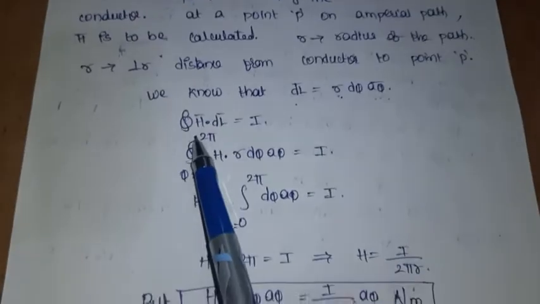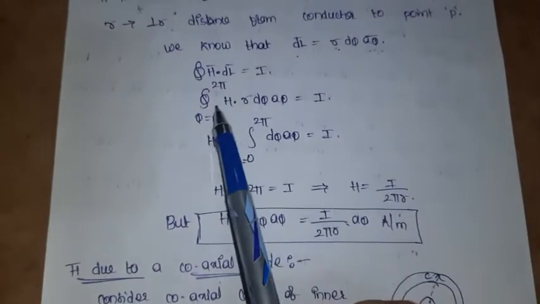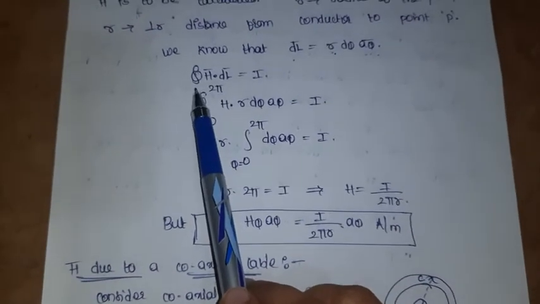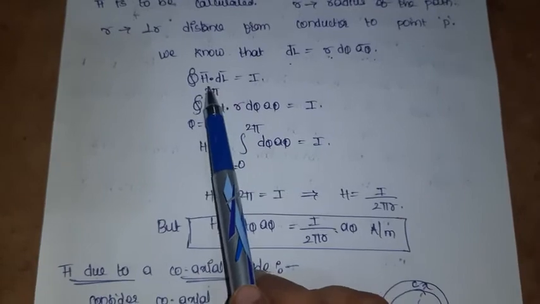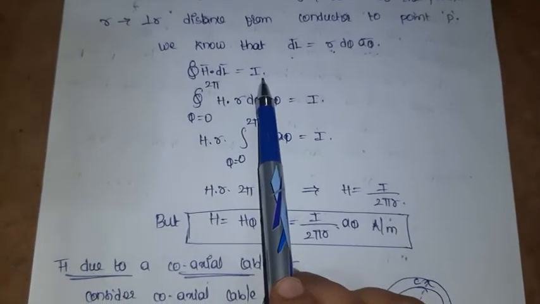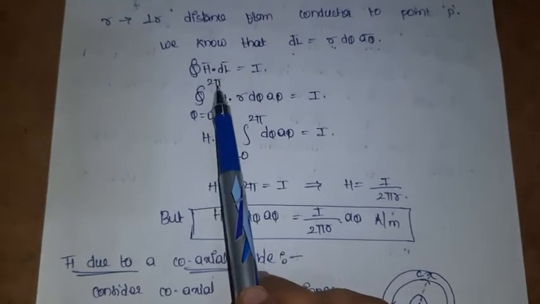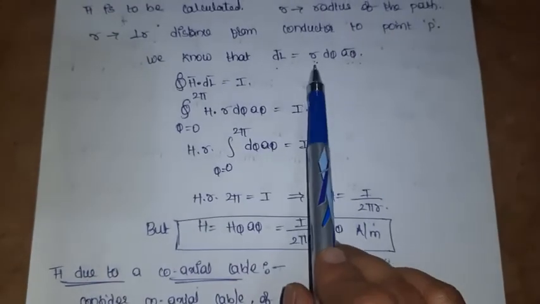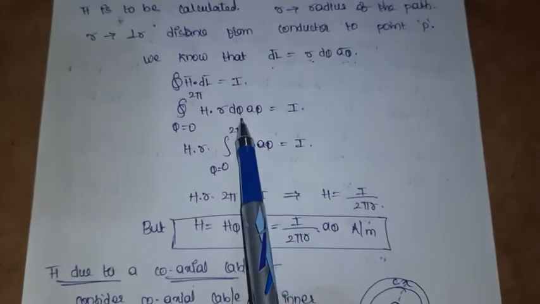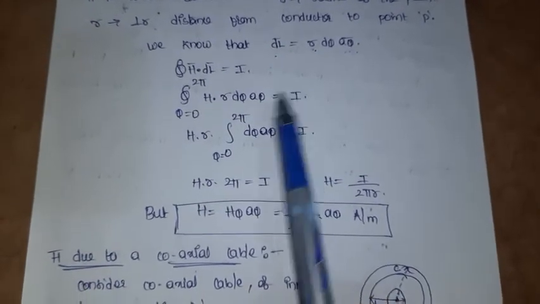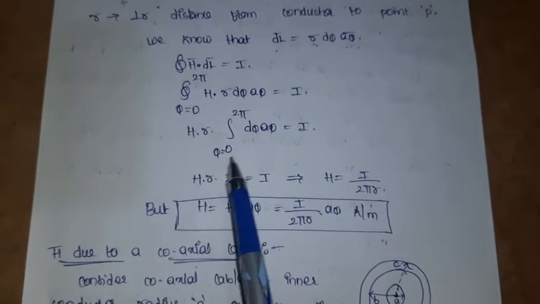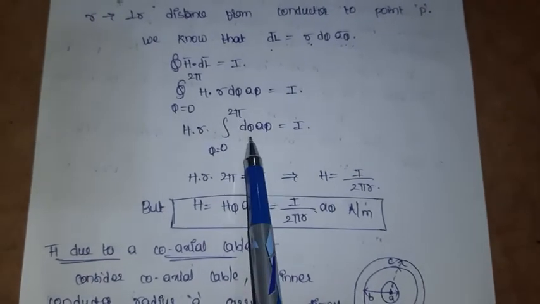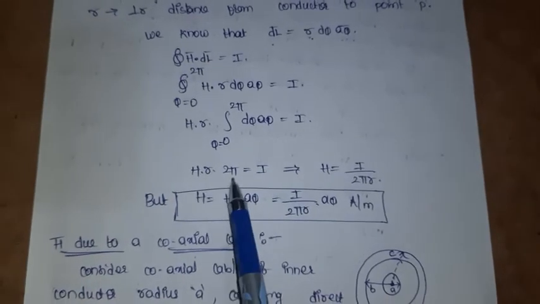By using Ampere's circuital law, closed line integral H dot dl is equal to I. The phi limits are 0 to 2 pi. H dot r d phi a phi equals I. So H times r, with the phi limits substituted, you will get 2 pi.